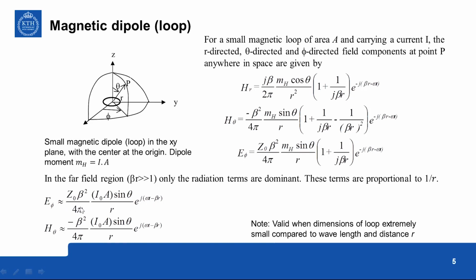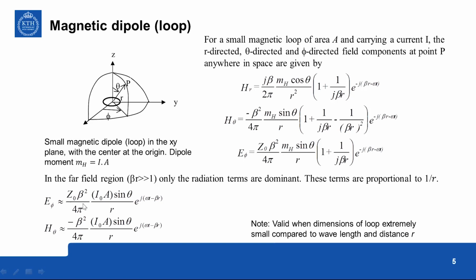So those terms are written over here, and you can see that E phi and H theta are orthogonal to each other, and they are also orthogonal to the direction of propagation. So far away you can assume that this produces something like a TEM wave.